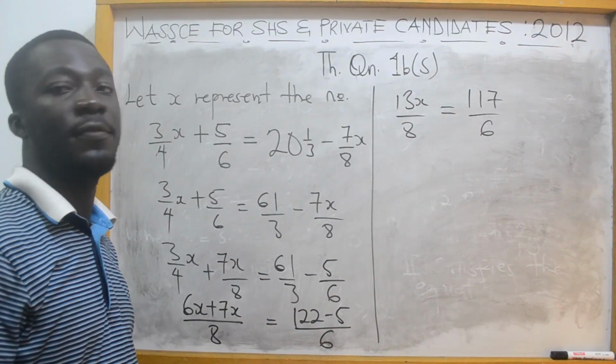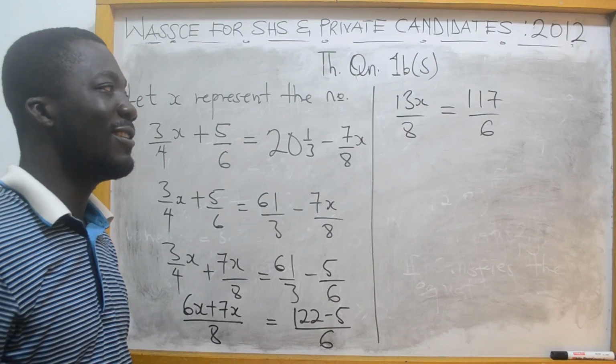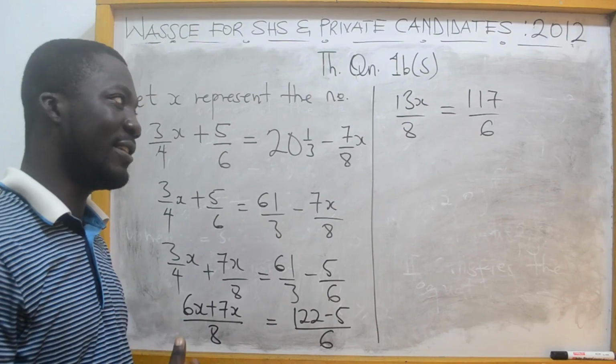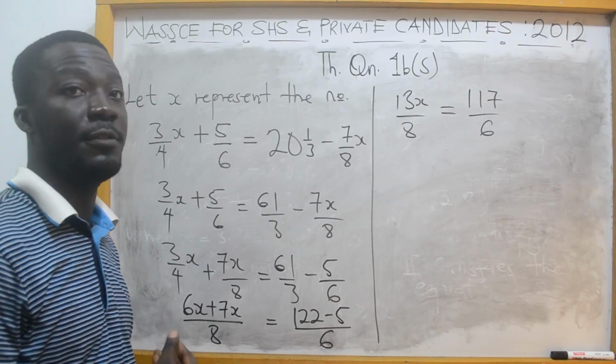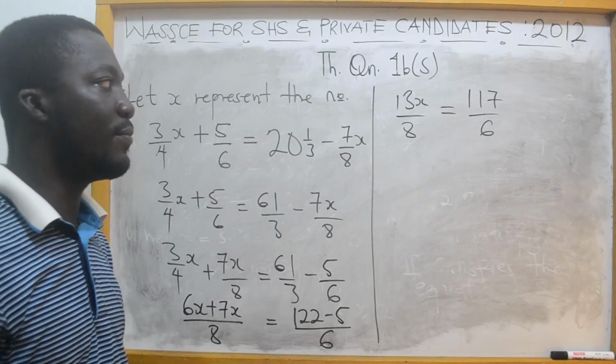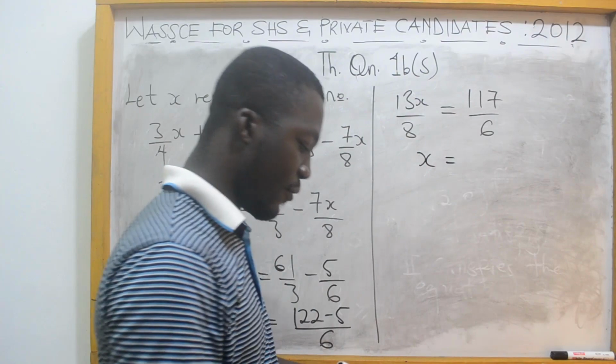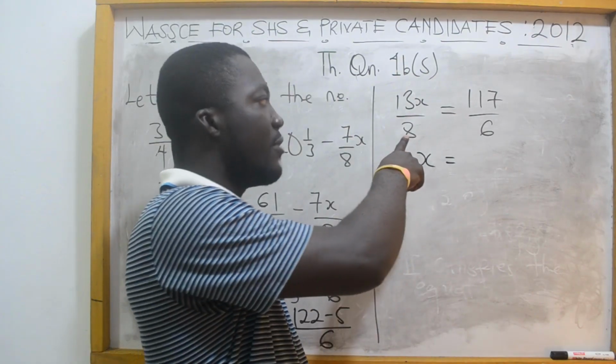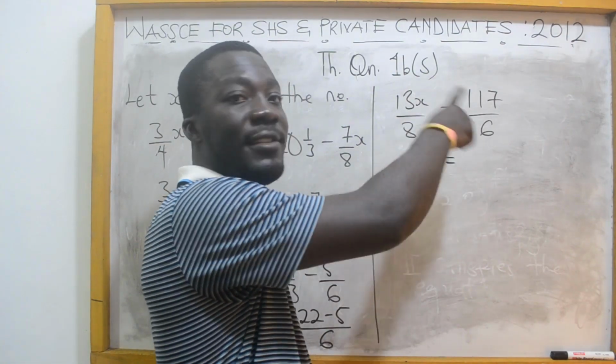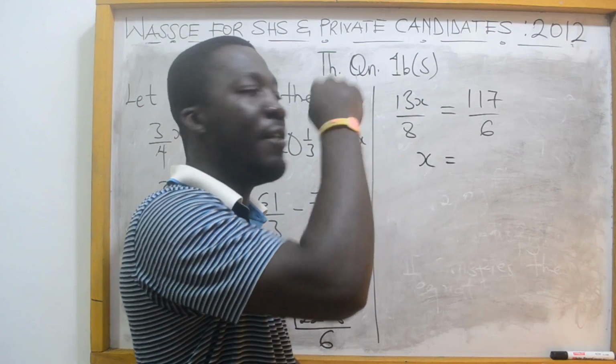We want to find the value of x. So when you apply the principle of cross multiplication, it becomes very simple. So maintain the x here and cross this denominator to the right hand side, and it will become a numerator.